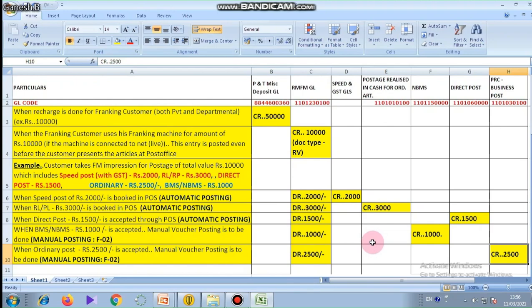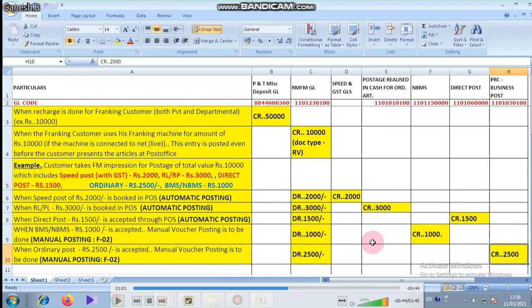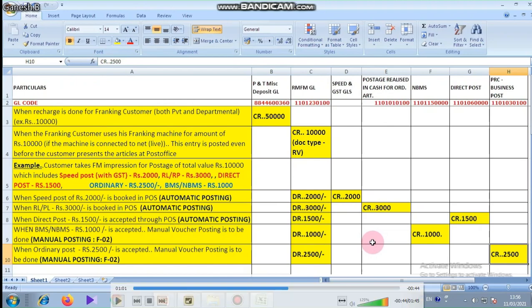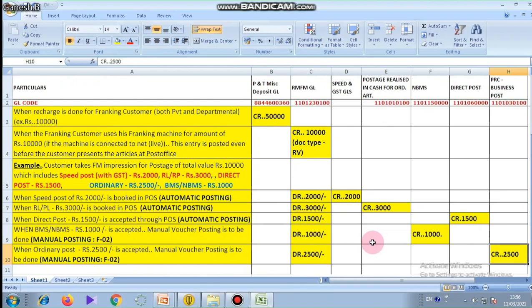In our region, 2 years back, we made a voucher posting where we debited RMFM GL and credited PRC Business Post GL. Last year, the competent authority directed us to make a voucher posting debiting RMFM GL 2,500 and crediting postage realized in cash for ordinary articles. So it depends on the directions you receive from your competent authority.